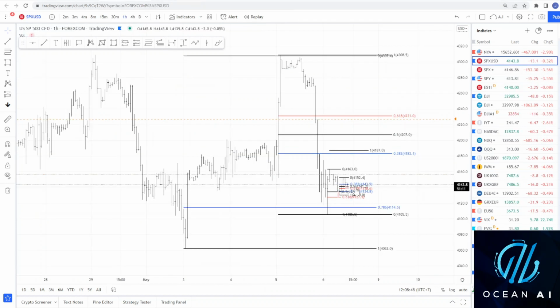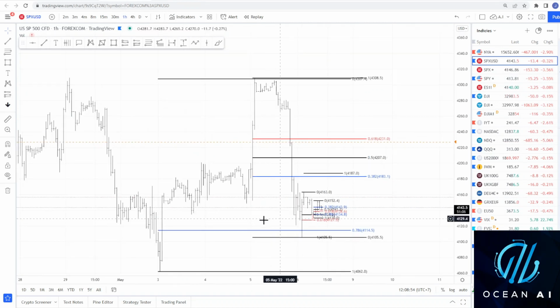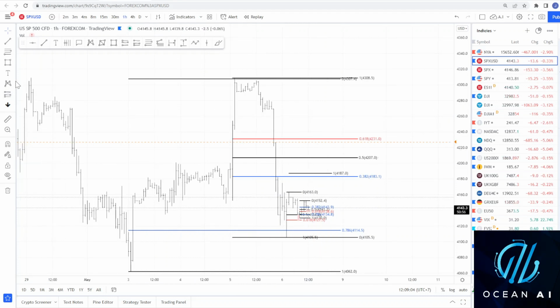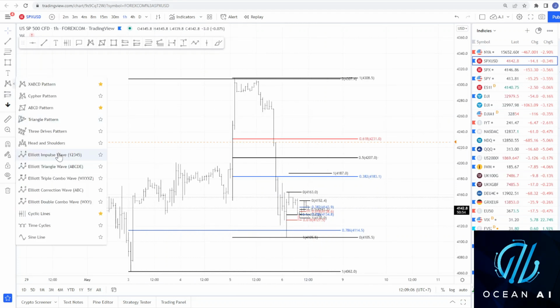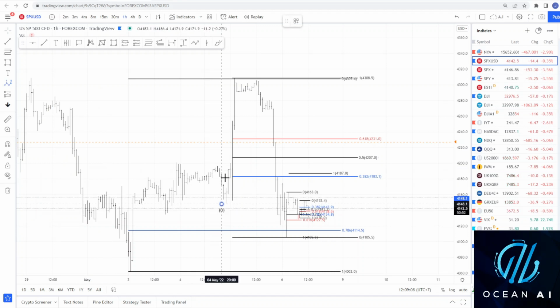If we go over to the S&P here, what we were looking at yesterday, I was looking for one more move higher here, so up to the 43.20, 43.30 area to complete a little 5-wave structure up here.